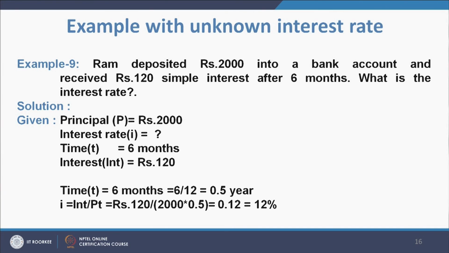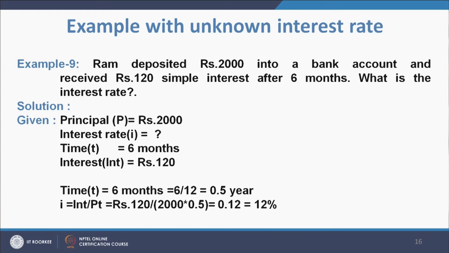Now, let us take example number 9. This example is for unknown interest rate. Ram deposited rupees 2000 into a bank account and received rupees 120 simple interest after 6 months. What is the interest rate? The principal here is 2000, interest rate is unknown, time t is equal to 6 months and interest earned is 120 rupees.